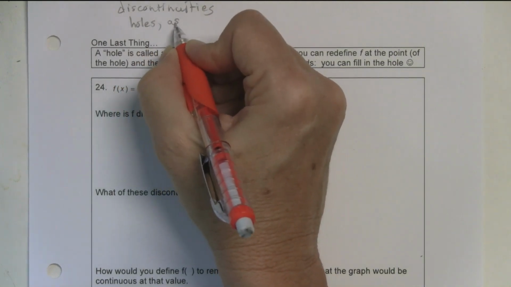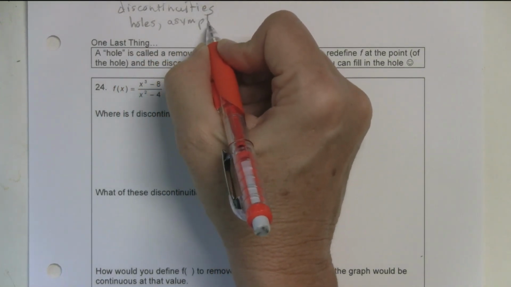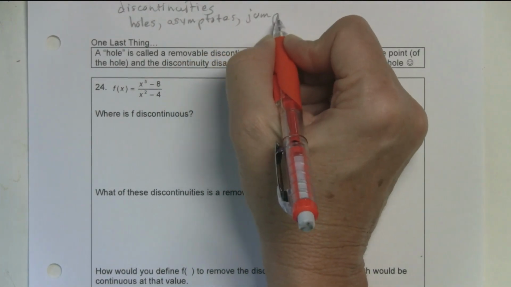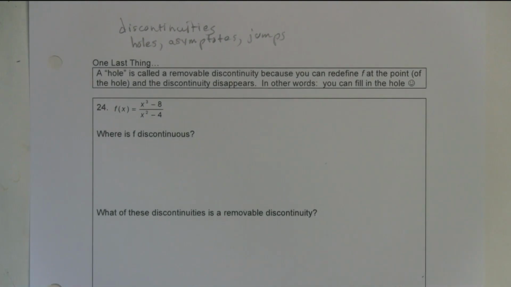We had asymptotes. And we had jumps. And they said, hey, we're going to name one of those discontinuities. We're going to call it removable. And the reason that they're going to call it removable is that you could just simply redefine one point and then you would no longer have a discontinuity.